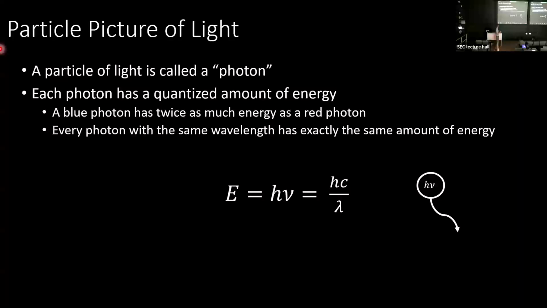But this is also where h is Planck's constant, c is the speed of light, and the energy is hc over the wavelength. So we can relate the wavelength to the energy of the light, and each color has a unique energy. A blue photon has twice as much energy as a red photon.